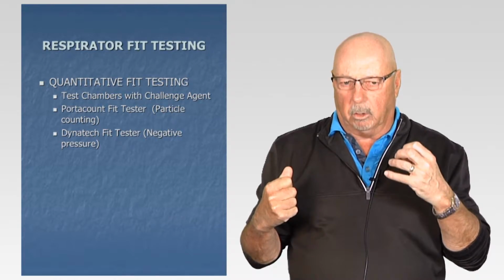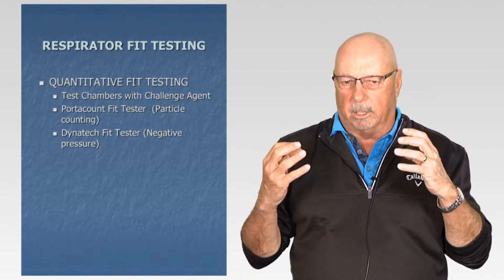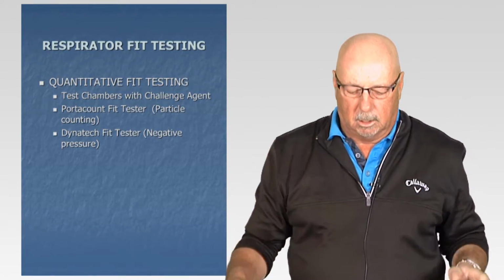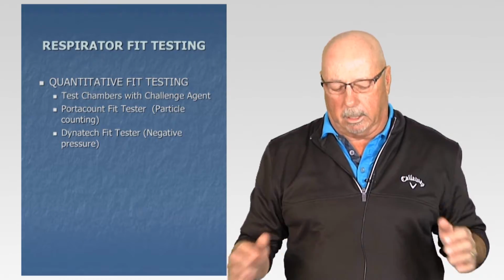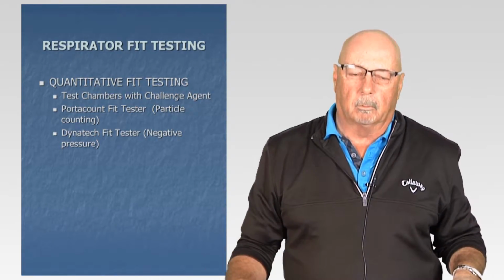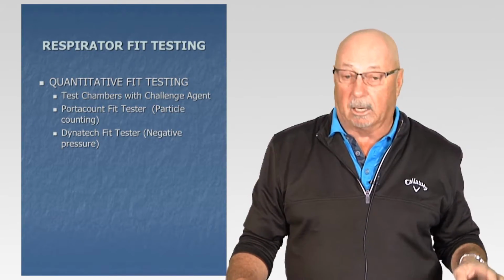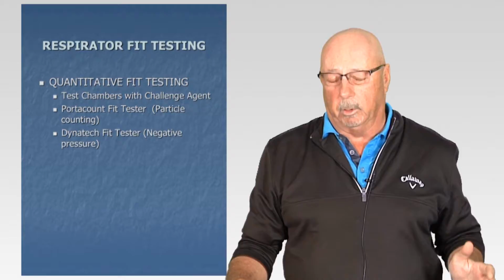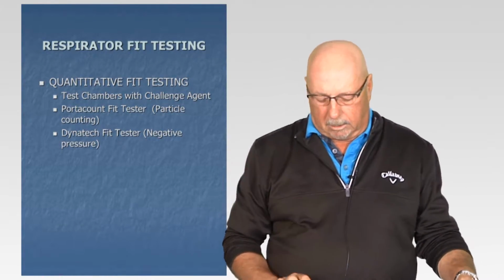And if we got a good fit, then that respirator, by sucking that air from inside of it, will collapse on the worker. And so we can measure that pressure differential, and again, electronically within the equipment, determine whether we have an adequate fit or not. And if we don't, then we make adjustments to the respirator until we do get that adequate fit.